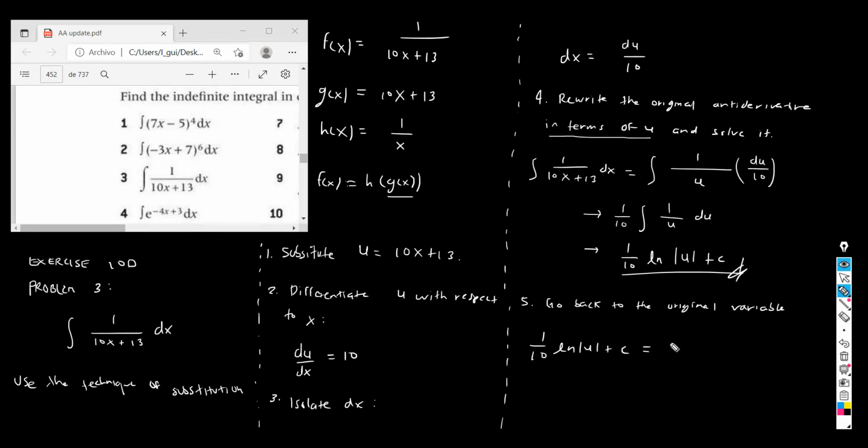Instead of u, paste back again what u is supposed to mean, which is 10x plus 13, so the absolute value of 10x plus 13, plus c. And there you go. This will be the final and the real answer. So that's how the method works.